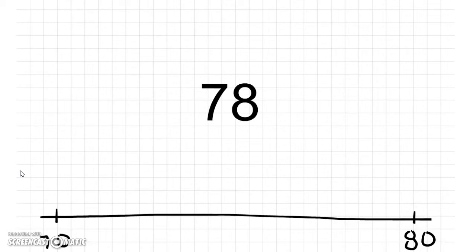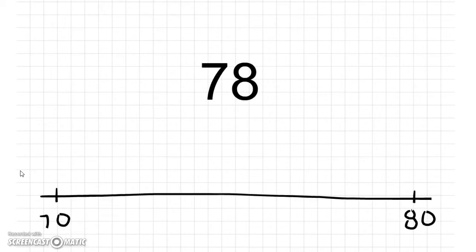Let's look at another number. Let's look at 78. Well, 78 is in between 70 and 80. So we need to decide, is it going to round back down to 70, or round up to 80? Well, if we were looking at a number line, 75 is our midway point, 78 would be about here.